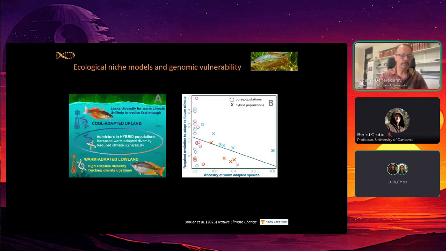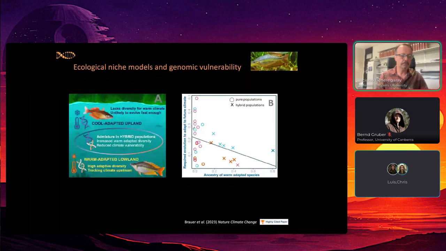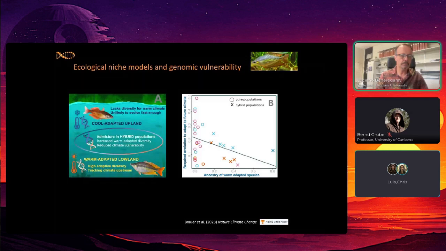And what we found is that in the hybrid populations, we see a bump in diversity that is associated to climate. We believe this is warm adaptive diversity that was brought from the lowland species into the upland habitat and was introgressed into these populations through hybridization.